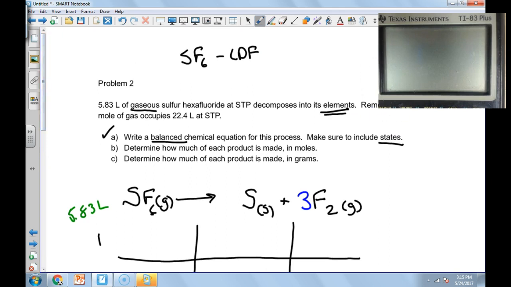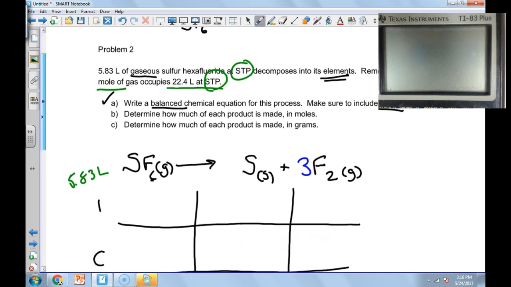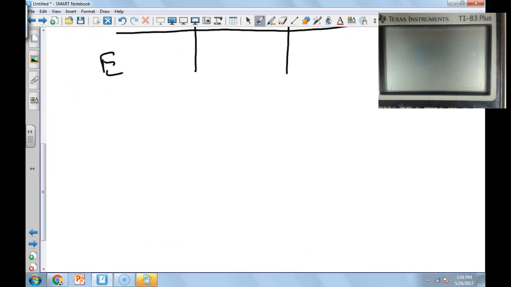We can use our conversion factor that we have 1 mole is 22.4 liters as long as the gas is at what we call STP, standard temperature and pressure. And it is. So we're going to X-line. Okay, rule number 1 of any ICE chart is to X-line, or to convert to moles.